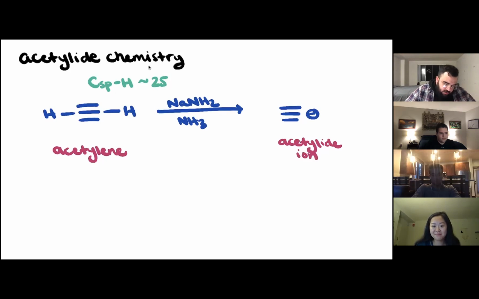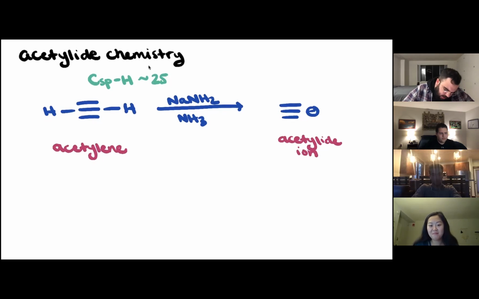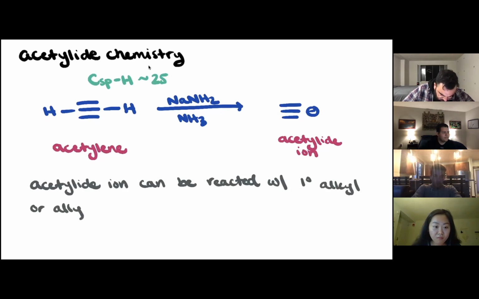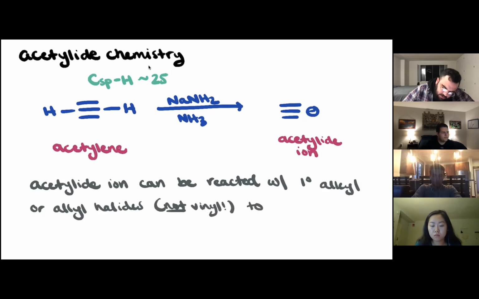Now there's a bit of a rule for this: the acetylide ion can be reacted with primary, very, very important, primary alkyl or allyl halides, specifically not vinyl, to make a new carbon-carbon bond.